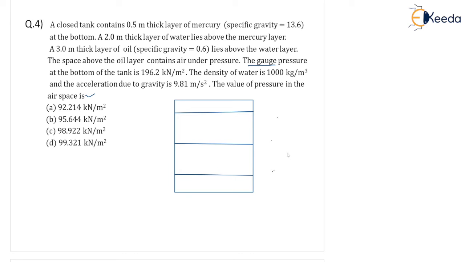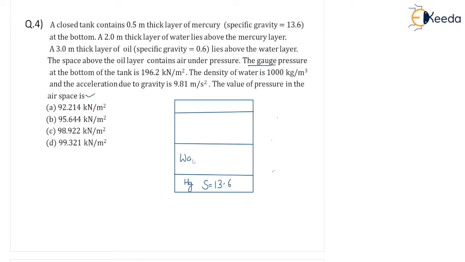Now we just have to write down the details here. The first one is mercury, Hg, S equal to 13.6. It is given in the question.